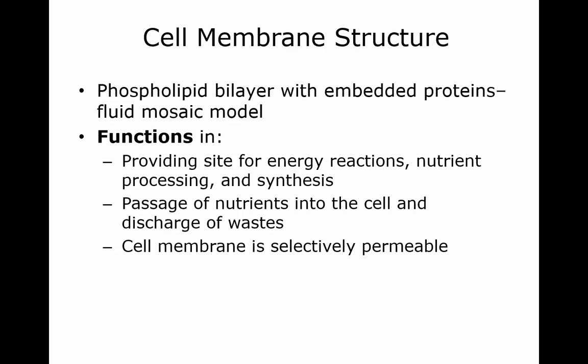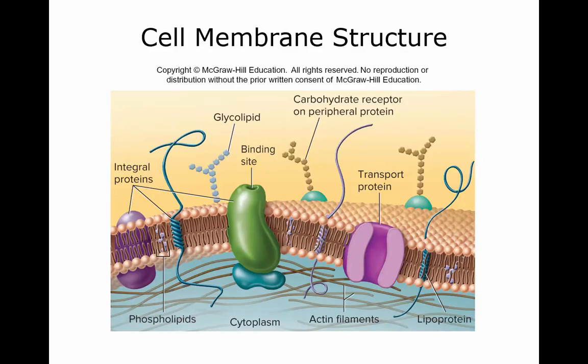It functions because it's the site for a lot of energy reactions, for processing nutrients, and for making a lot of molecules. It regulates the passage of nutrients and waste out of the cell so it can secrete things, and it's selectively permeable. It picks and chooses what can get in and out and when it can get in and out.